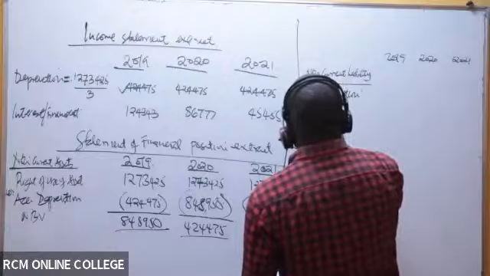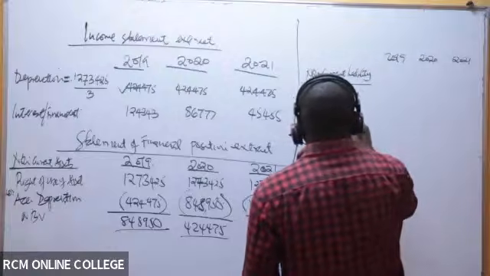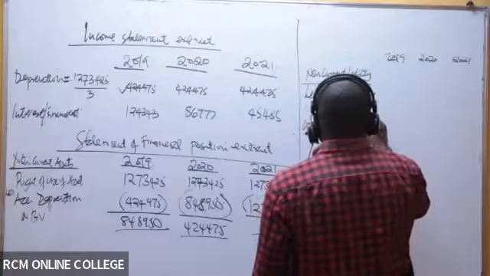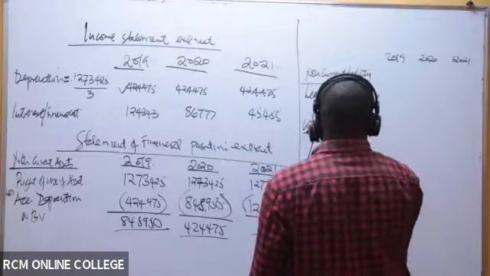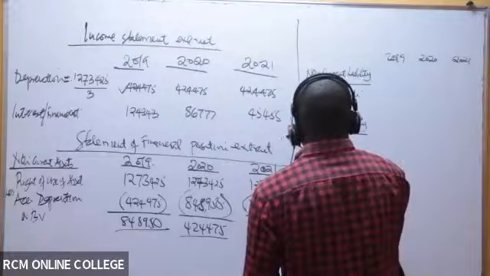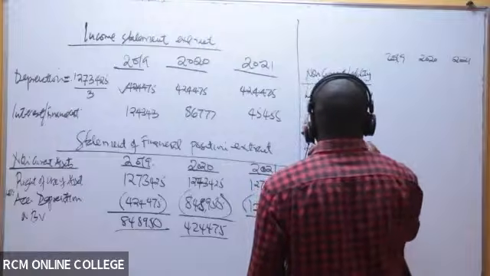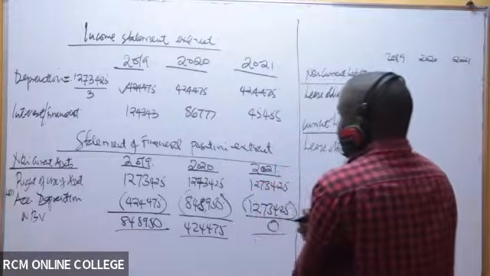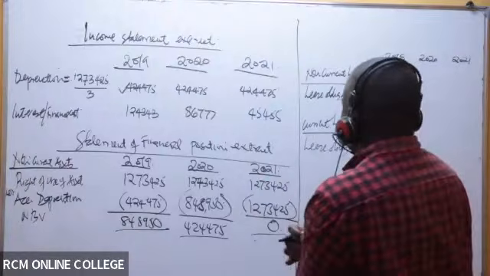Because also you have the current liability. We have the current liability. So of course here we still have the lease obligation.